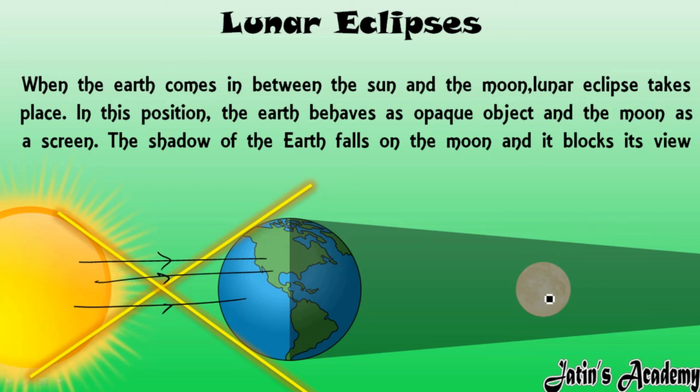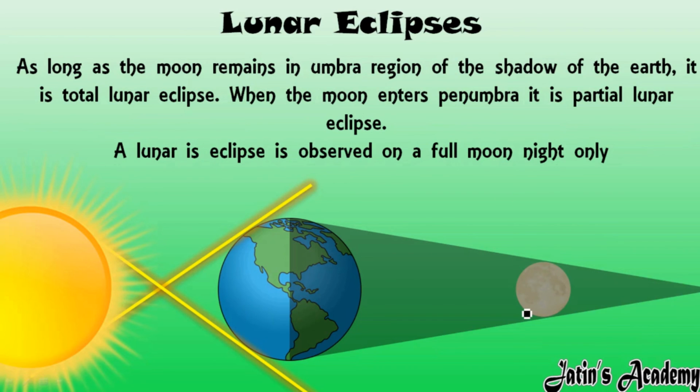As long as the moon is in the umbral region, you will say that there is a total lunar eclipse. And when the moon is entering the penumbral region, you will say that a partial lunar eclipse is there. This lunar eclipse is always observed on full moon night only.